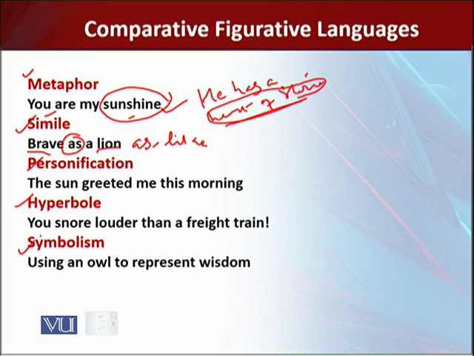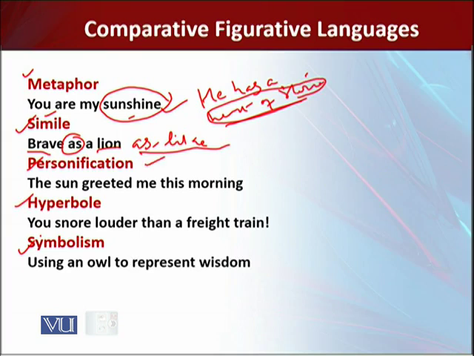Brave as a lion, busy as a bee, clean as a whistle. My mouth was as dry as a bone. They fought like cats and dogs. So you have these joining words when you are using simile.